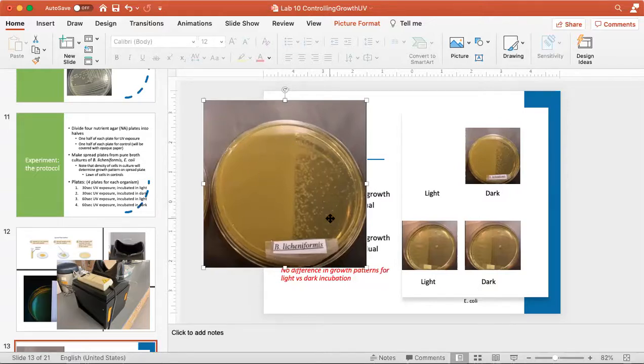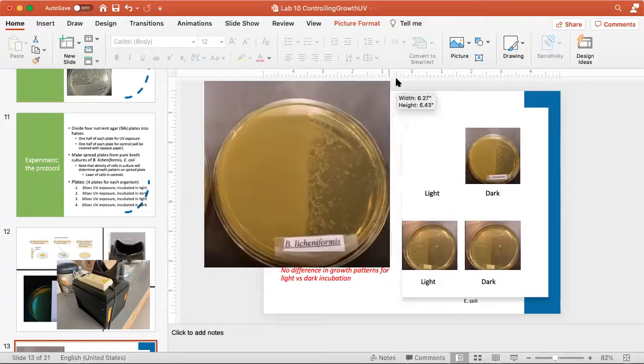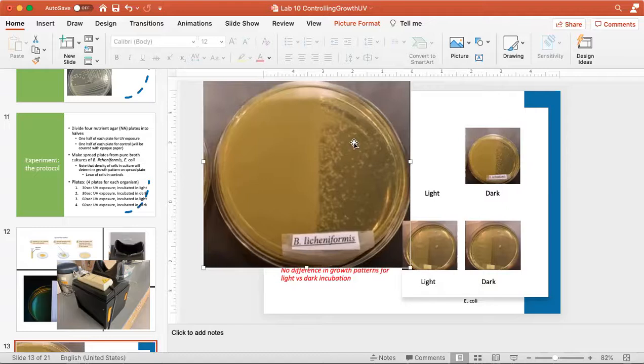But look at the side that got exposed to ultraviolet. I didn't get a lawn here. Remember, every inch of this was covered. So there was a cell occupying every inch of space on this plate. Some of those cells didn't survive. And the way I know that they didn't survive, or at least I should say they were not capable of dividing, is because there's nothing there the next day.